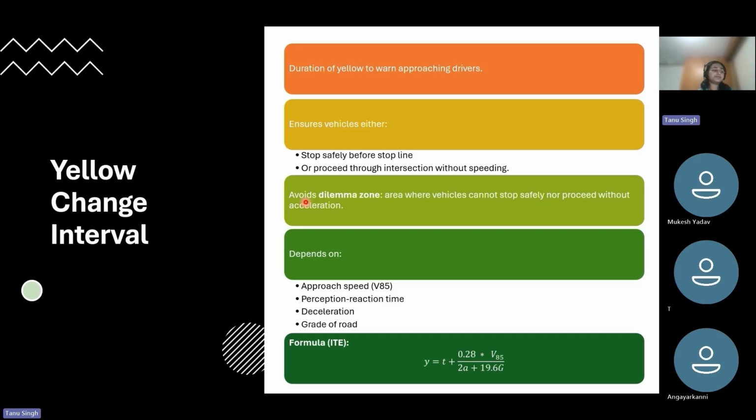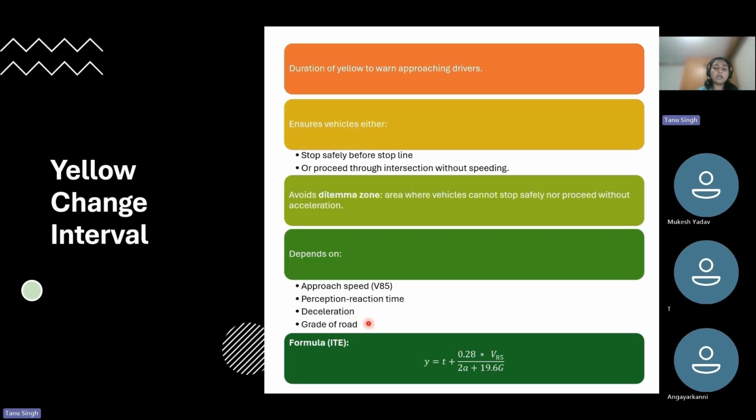The yellow light interval mainly depends upon these factors. First is the approach speed, that is, the 85th percentile speed. Then the reaction time of the driver, then the deceleration, and the grade of the road.